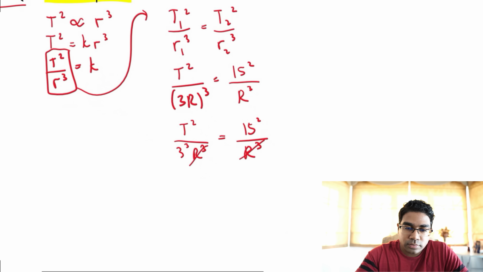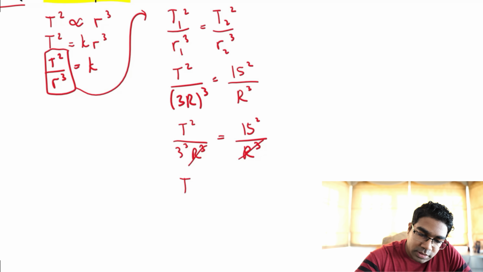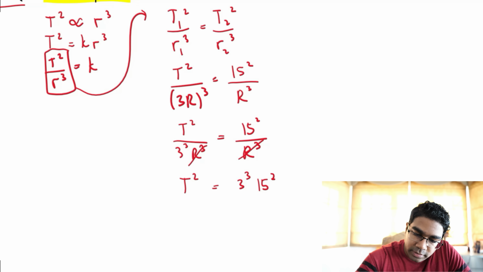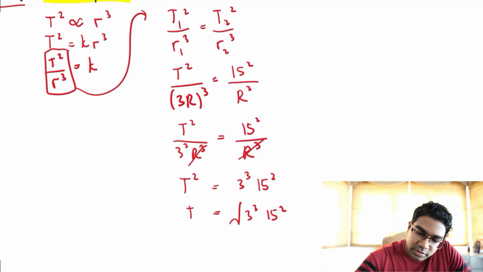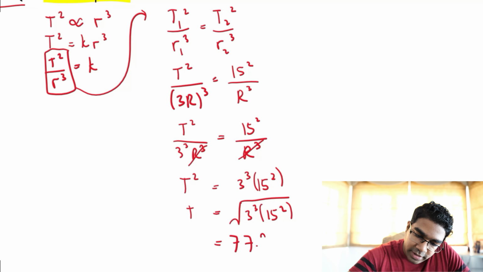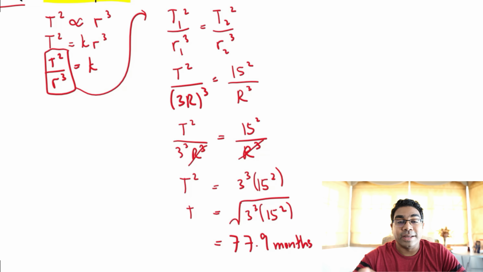And so now we will get T square equals to 3 cube times 15 square, and T will be equals to square root of 3 cube times 15 square. Alright, so the answer here will be 77.9 months. We use the same units as the period earlier.